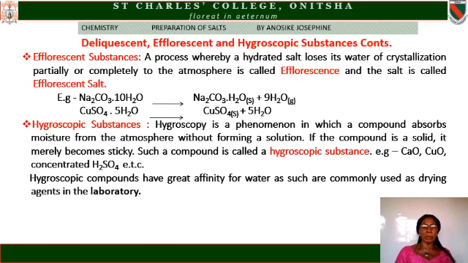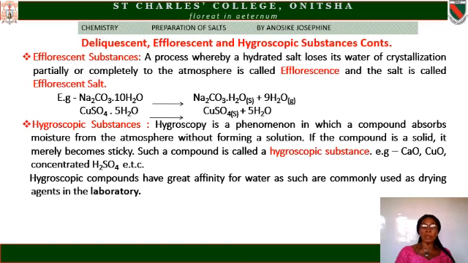Then the second one with 5 molecules of water. You can see from the equation, all the 5 molecules of water left the molecule, changing that salt to what we call anhydrous salt. It doesn't contain any water again. So that salt is no more a hydrated salt. You don't have even a half molecule of water in it.